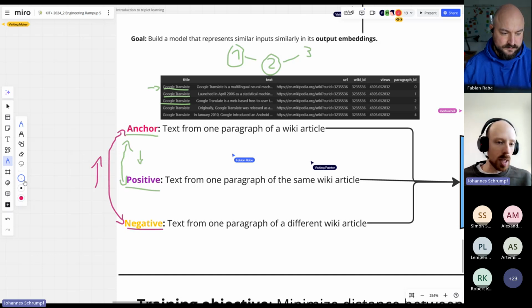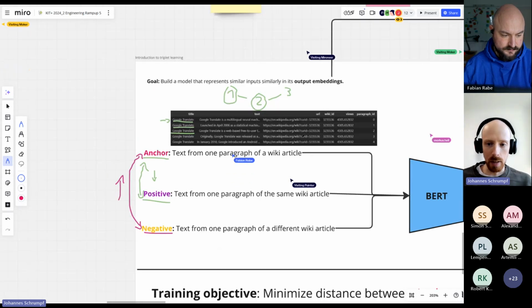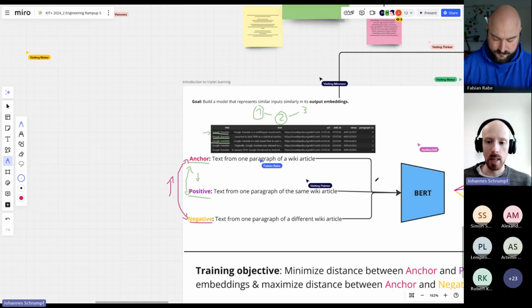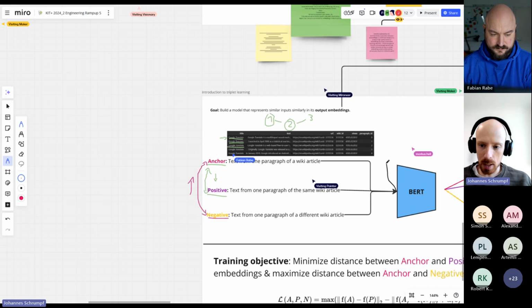It's also using the Siamese network architecture. How we can do this is we basically feed all the paragraphs into the network at the same time. We don't stitch them together, but we build a network architecture that accepts the anchor, the positive, and the negative as inputs.